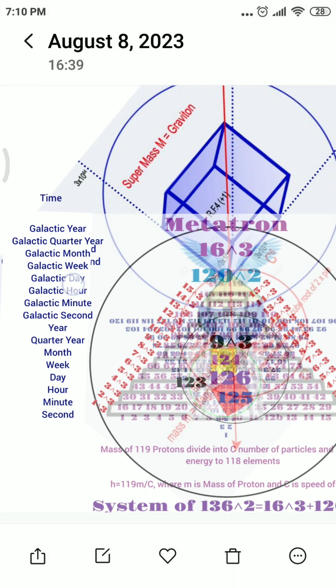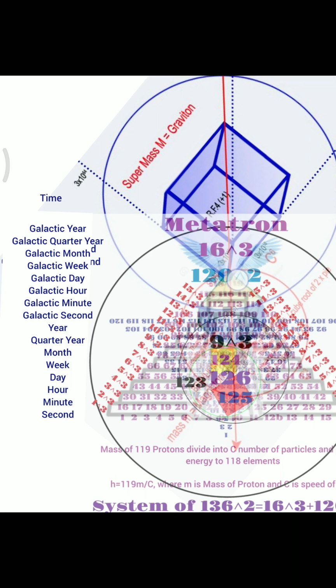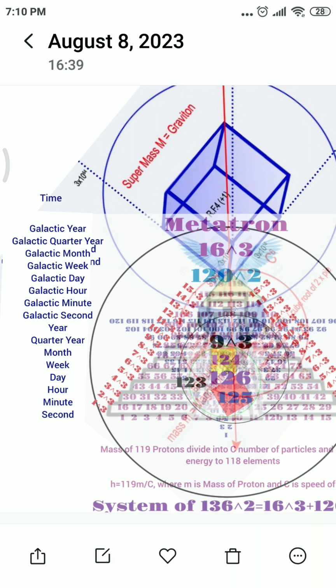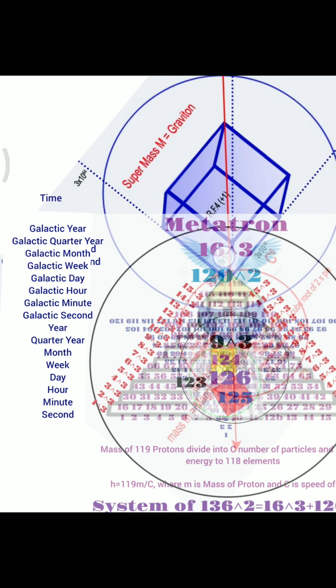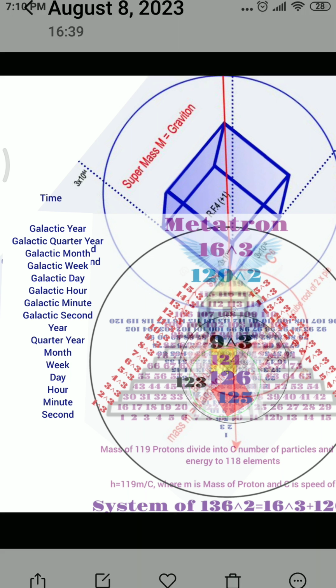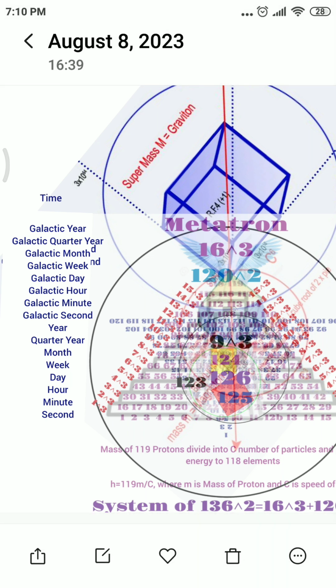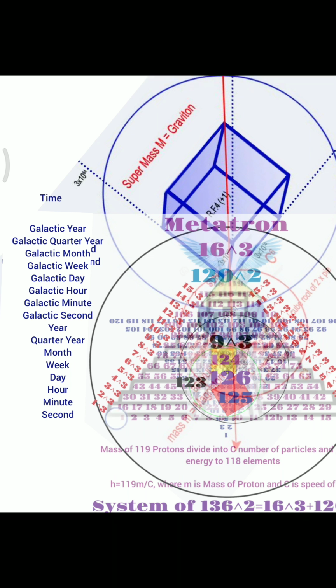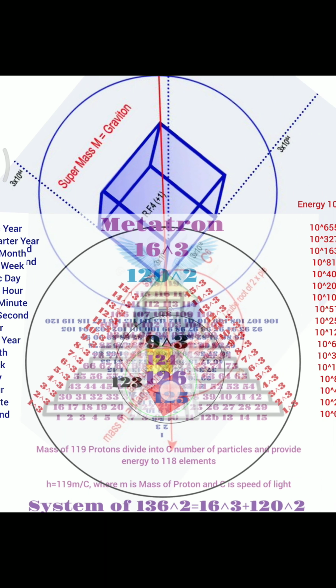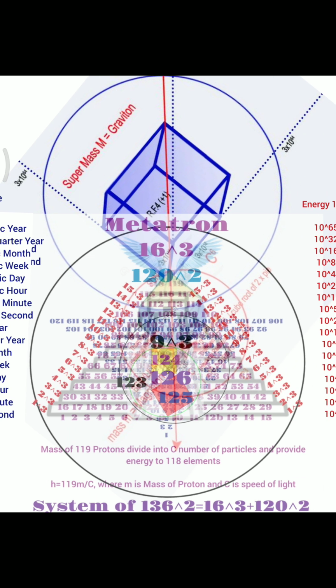When you reach the galactic day, that is 120 squared, meaning the 16 cubes' one day. The higher sun, the summer sun, is somewhere here, and this sun's one day is 120 squared. This whole firmament would have been formed from one day's energy of the sun, which supplies the energy.